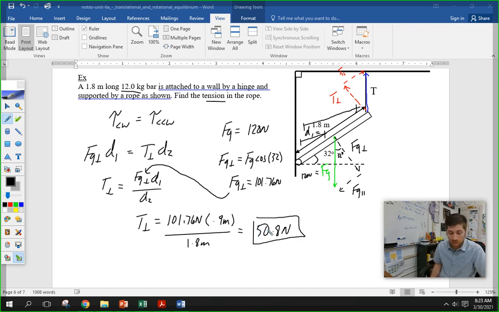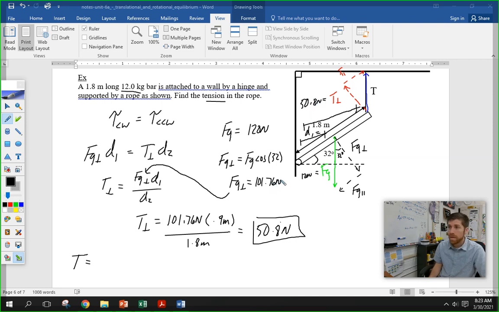Okay, now that we know that's 50.8 newtons, we can find our tension by thinking about the overall vector here. We just found this vector, which is 50.8 newtons.